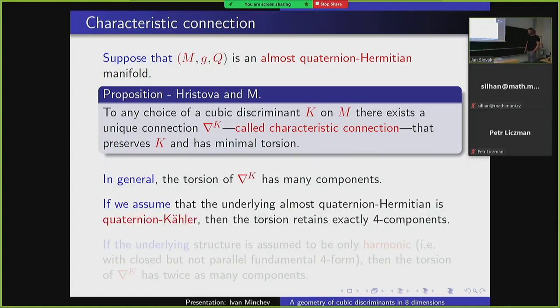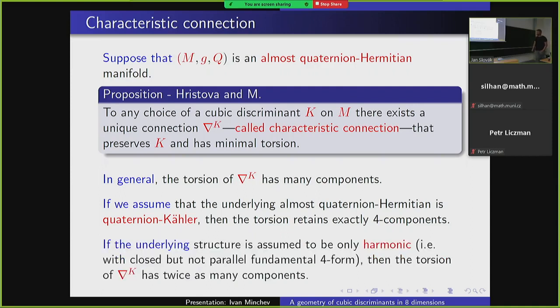But if you assume that the underlying structure is quaternion-Hermitian, then the torsion is reduced to only 4 components, so it's much smaller. And in dimension 8, it makes sense to assume something in between.